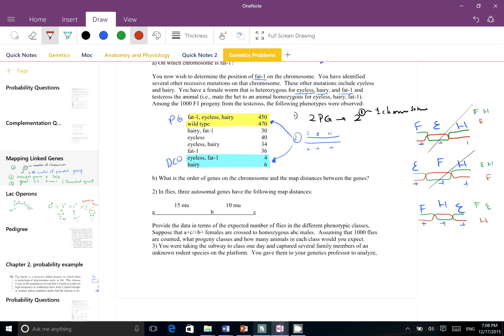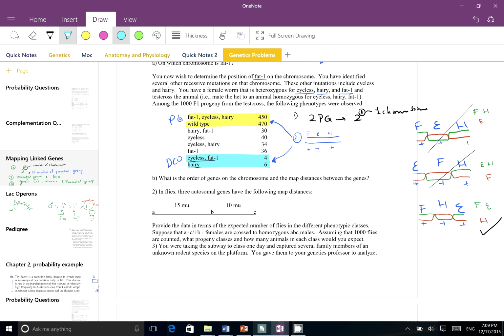Is that what I have in my double crossover? Yes, this is what I have in my double crossover. I have eyeless and fat. Then I have hairy on its own. So now I know the order of my genes. So this is the order of my genes. Yay, perfect.